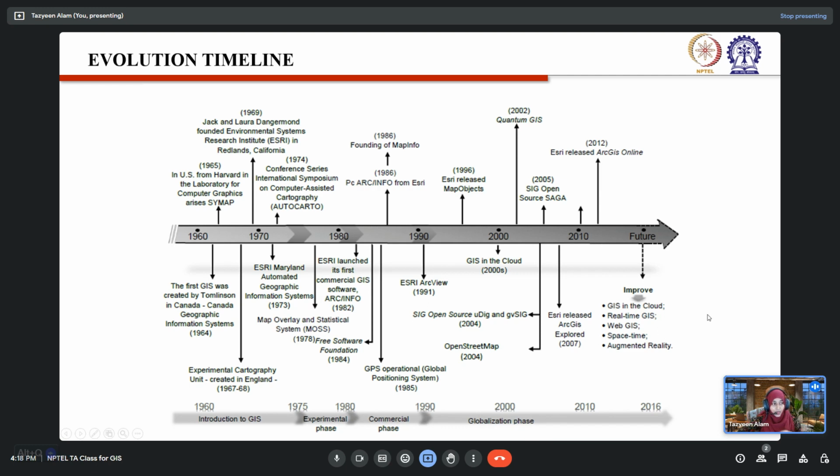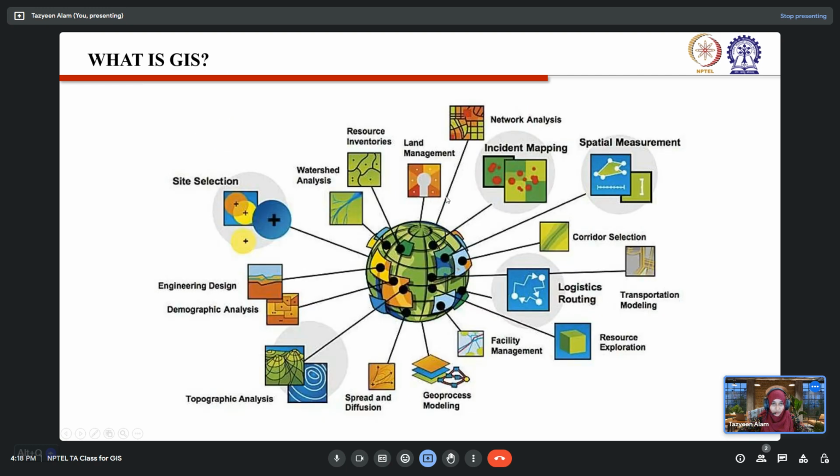So, for the current use, we can project a future of GIS which calls for improvement based on certain parameters. Those parameters are GIS in the cloud, real-time GIS, web GIS, space-time, and augmented reality, which is actually being explored in almost every field now. So, what exactly is GIS?